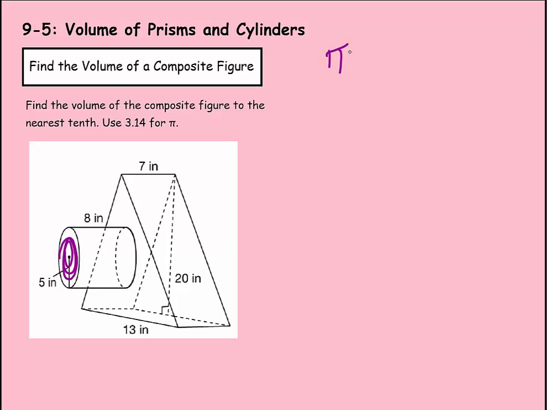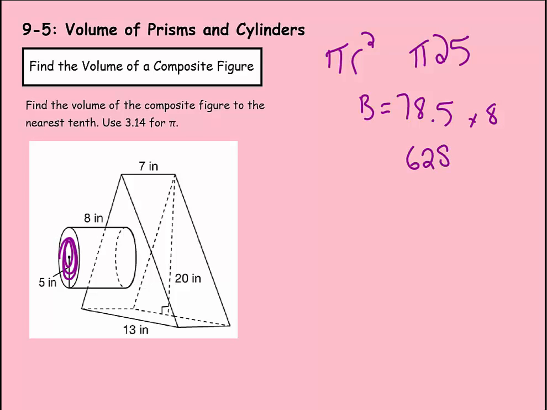So we have pi times r squared. So it would be pi times 5 squared, which is 25. pi times 25 is 78.5, so that's the area of the base. Multiply that by the distance between the bases, which would be 8. That's going to give us an answer of 628. So the cylinder equals 628 inches cubed.